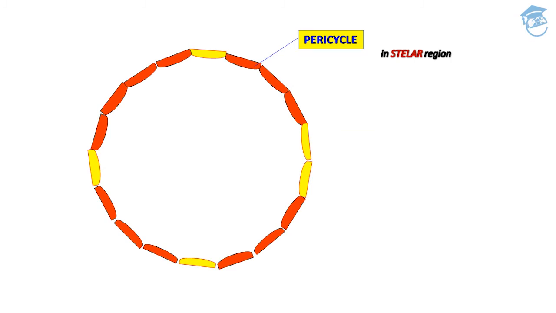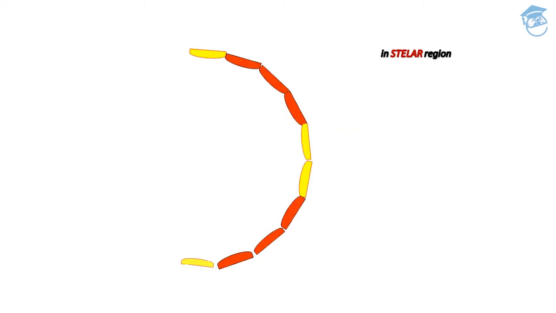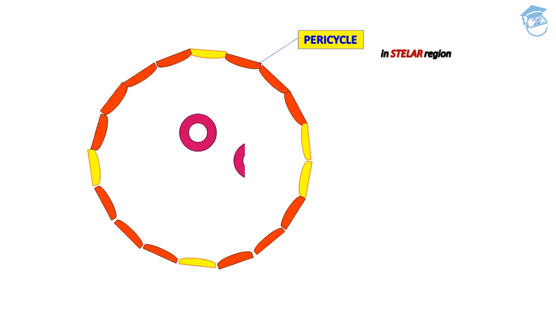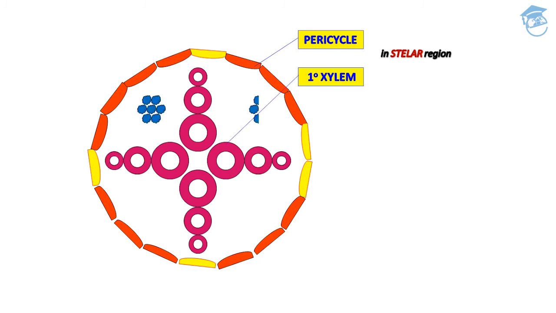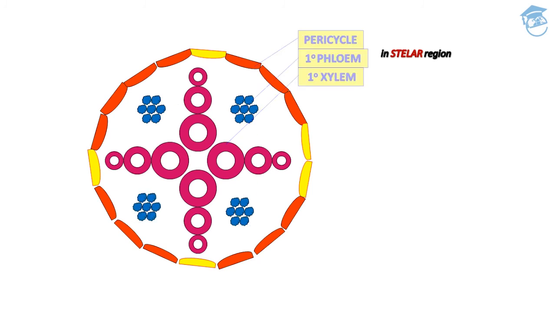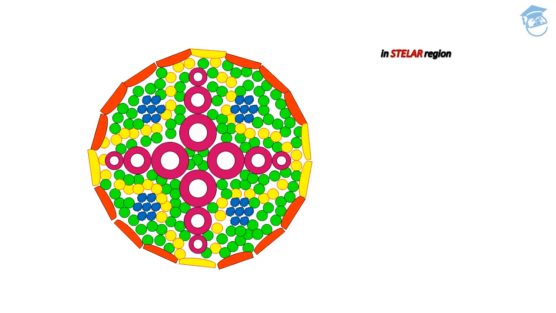Okay, in the stelar region, as you can see, this is the pericycle, and it is showing what's happening in the stelar region. This is xylem, protoxylem and metaxylem. See, this is the primary xylem, and this is primary phloem, and this is the conjunctive tissue, and these yellow dots represent vascular cambium.